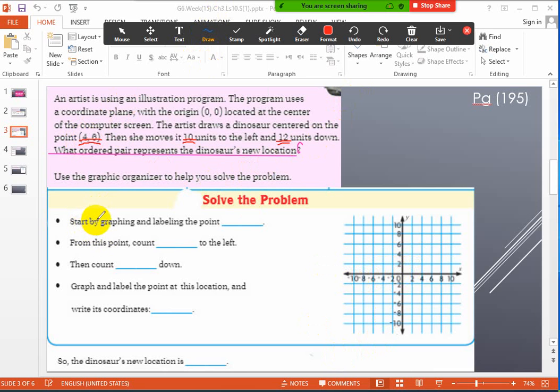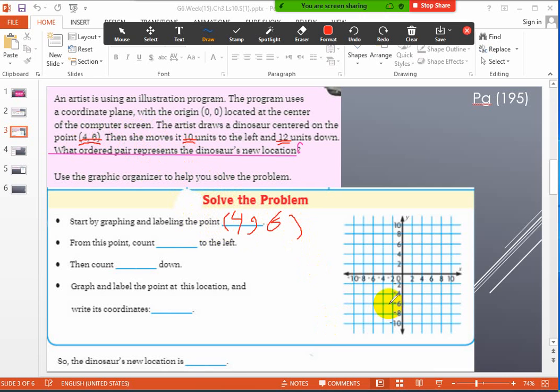So start by graphing and labeling the point. Which point? The point that this dinosaur starts at, 4, 6. So I have to locate this point.